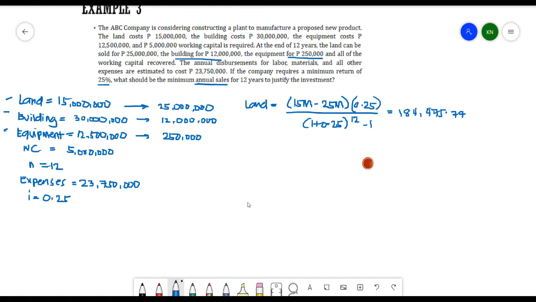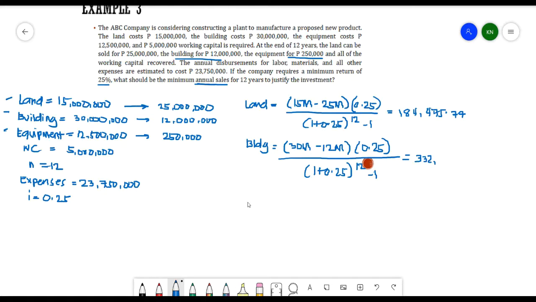And for the building, we have 30 million minus the salvage value of 12 million times 0.25 divided by 1 plus 0.25 raised to n, which is 12 minus 1. So the depreciation for the building is 332,056.39 centavos.